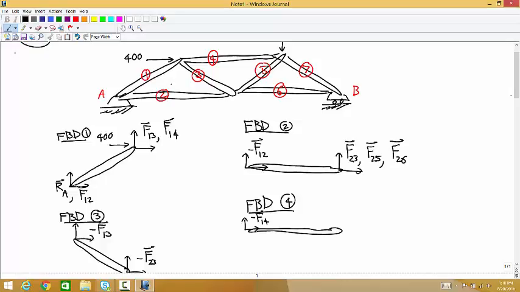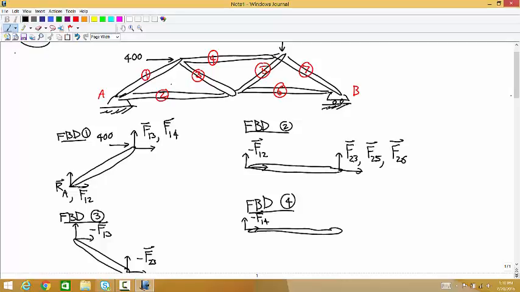Is that only the case if there's no external force on it? If there's an external force on it like that 400, then look at the side view at the joint at the top where 1, 3, and 4 meet. You have 1, 3, and 4, and then you have this force acting on the pin.